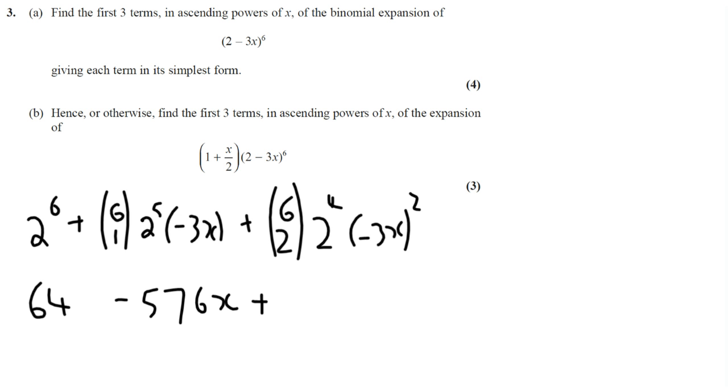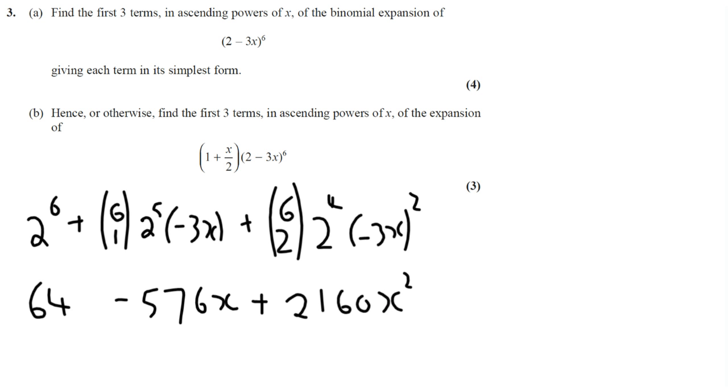So if it's all in the bracket, that means you're doing minus 3x multiplied by minus 3x, which gives you 9x squared. Multiply it by your 16, multiply it by your 6 choose 2, and you should get 2160x squared.